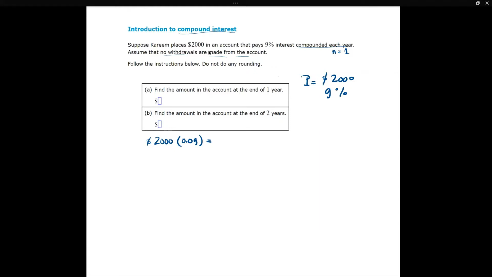So it's 180. So the interest in 1 year is 180, but here the question is about the amount in the account. There is $2,000 already in it, plus now 180, right? So it's 2,180 in it.